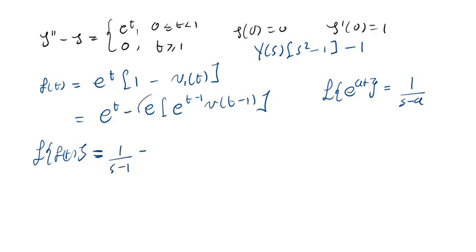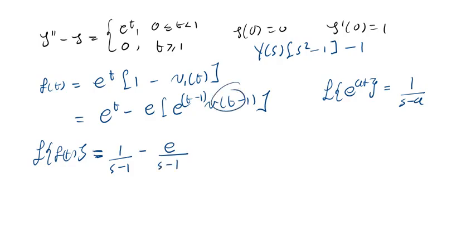I know it appears like this power here might disturb someone, but it's still the same e to the t. All you have to do is ensure it's been shifted by the right amount, because if we just took it the way it was, we would have left out the fact that we are supposed to have an e on this side, and it would be wrong. So I can just say it's e over s minus 1.